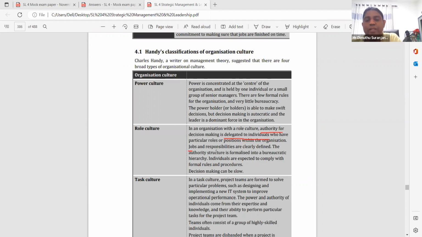Jobs and responsibilities are clearly defined. Then individuals are expected to comply with formal rules and procedures. All these three features are there.